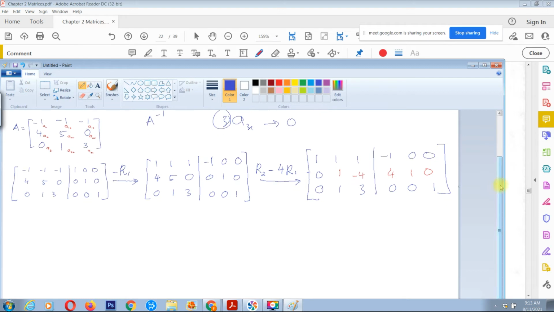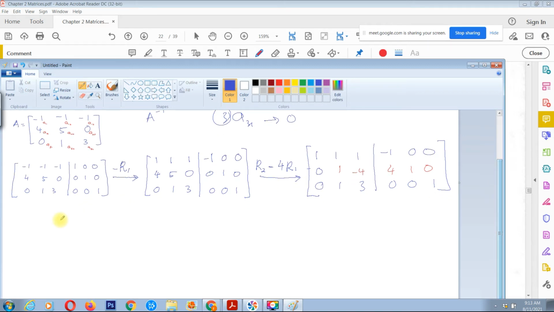What should you do? We want to change row 3. We want it to be 0, just minus R2. Subtract 1 to make 3 into 0.